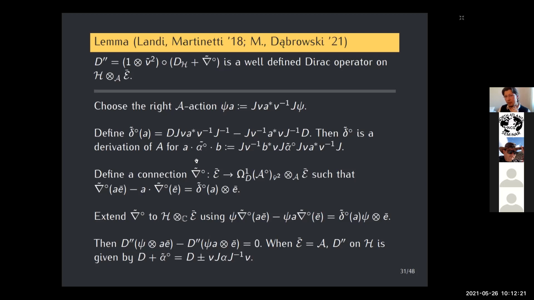It's a derivation, but it's so because we've chosen a very particular choice of left and right action on the bimodule of twisted opposite one forms, which is given by this. So this generates a connection, twisted opposite connection, which satisfies ordinary Leibniz rule with respect to this derivation.